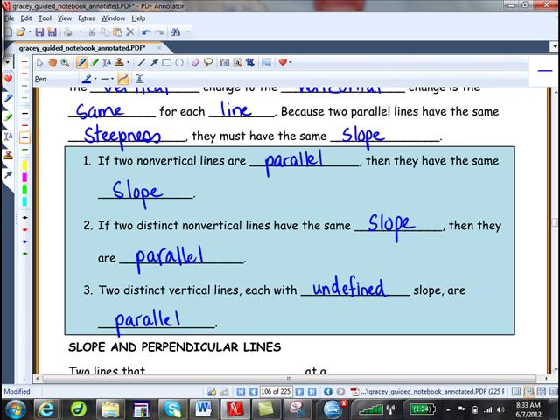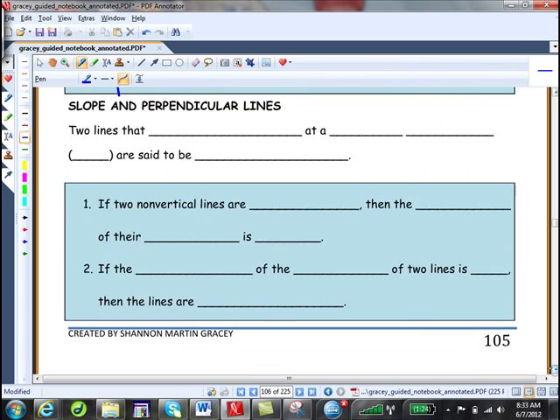Okay? Now, slope and perpendicular lines. Two lines that intersect at a right angle, so a 90-degree angle, are said to be perpendicular.